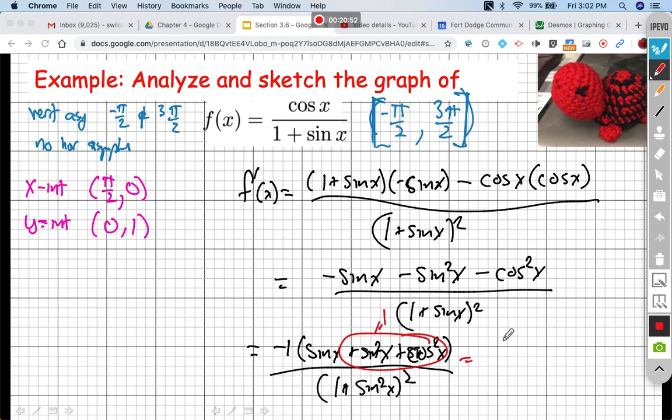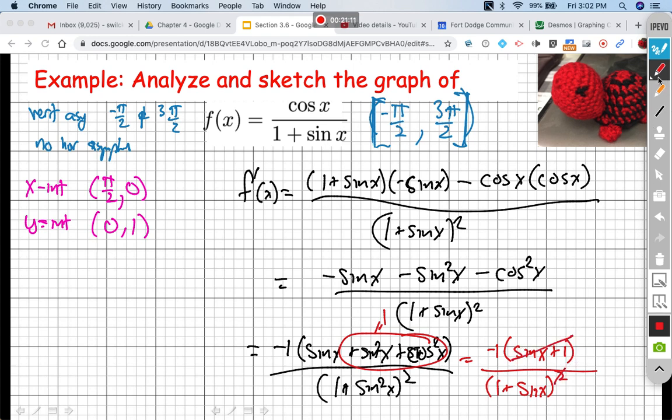So this is going to equal negative 1 times sine of x plus 1 over 1 plus the sine of x squared, which I can cancel one of these out.